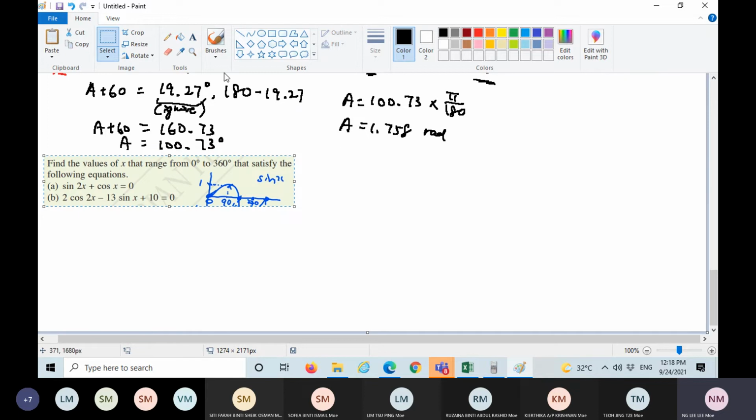Range from 0 to 360. From means including. So this is the range. Now we go to A.